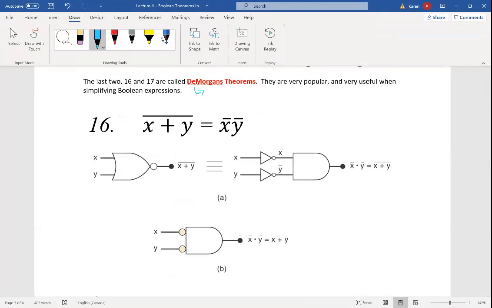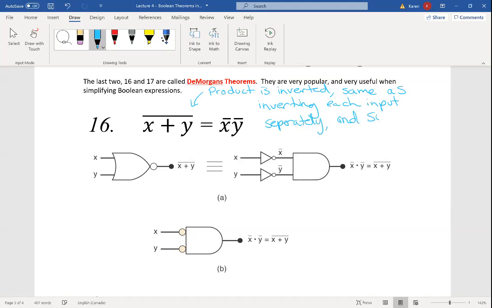If a product is inverted, it's the same as inverting each input separately and summing them.